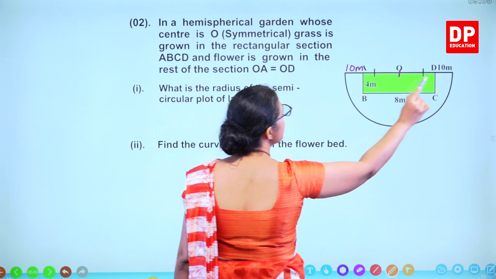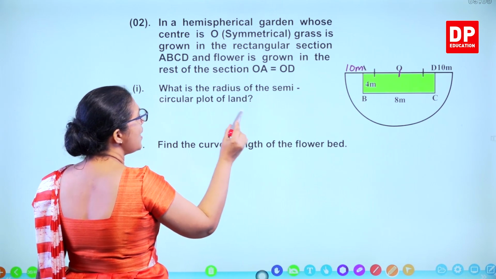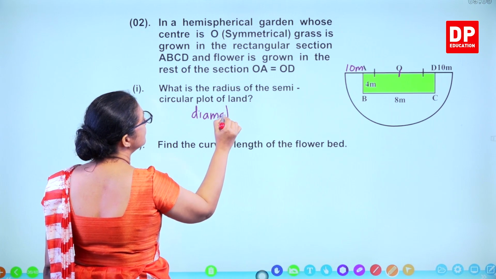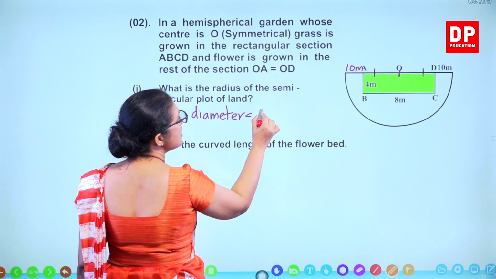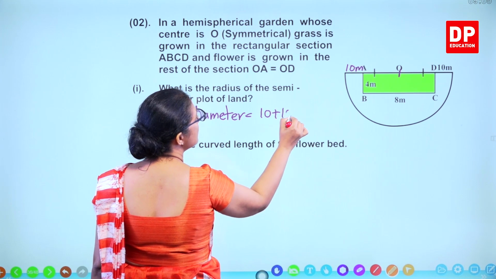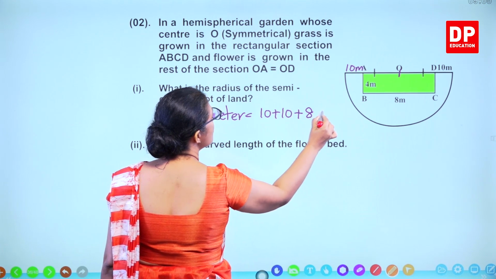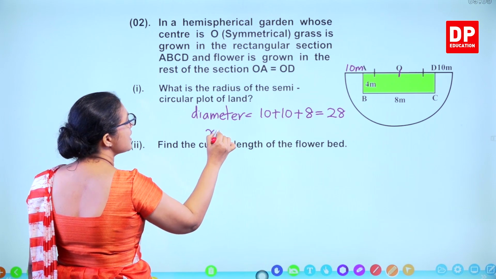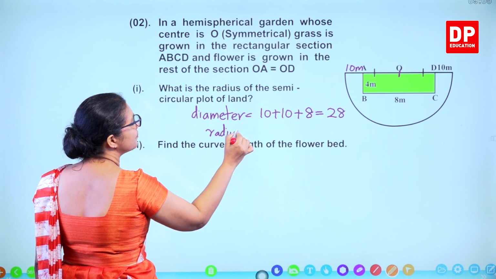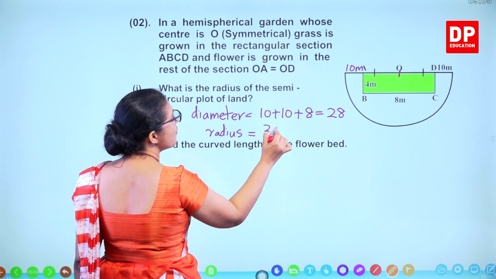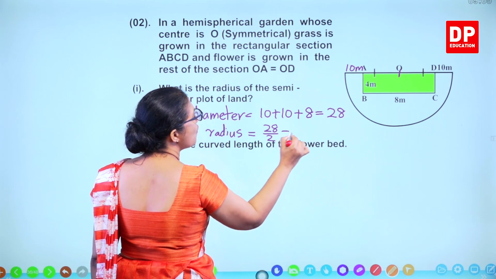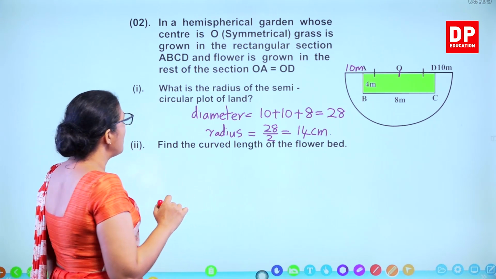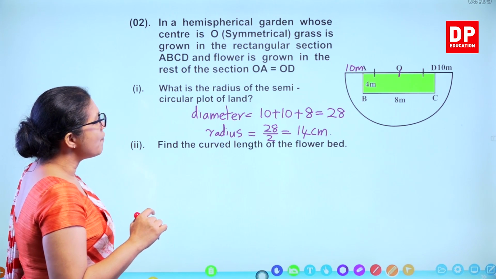This is the diameter. Diameter is 10 plus 10 plus 8. 28. So what's the radius then? Half of it. Radius is half of that. That means 14 centimeters.